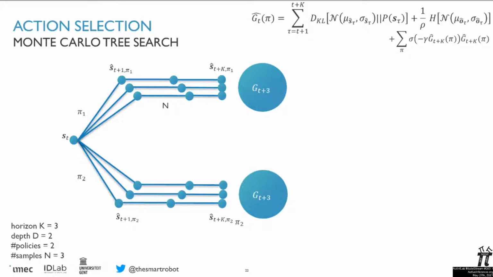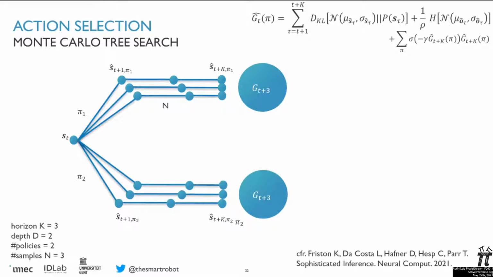So now we basically have an estimate of what will be the expected free energy for the future, given that we are at time step t plus 3. And then we can further go up to 3. And so then for each branch, again, we will use the first part of the formula to estimate these Gaussians, to calculate the KL divergence and the entropy term, and then add this together with what we already had for the remaining part of the tree, basically.